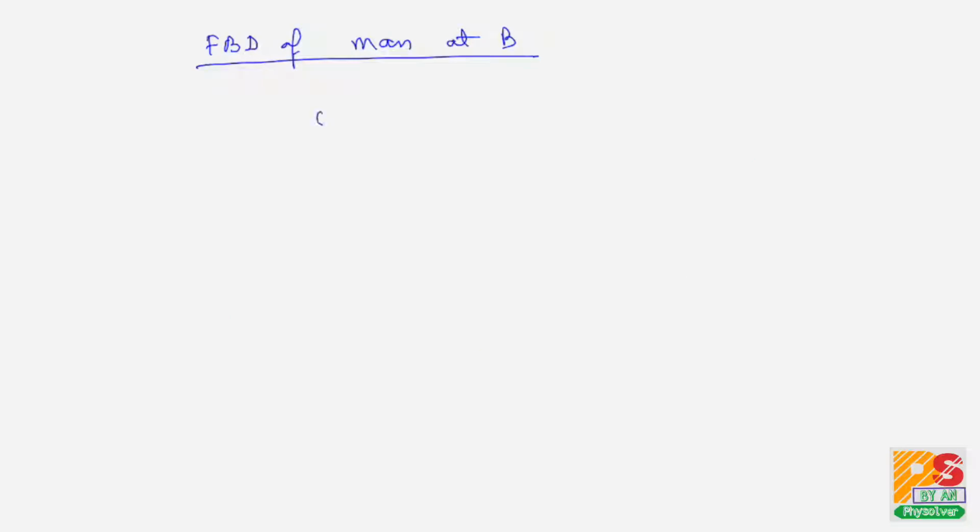So at point B we can say weight is downward as well as tension at B point, and acceleration is in this direction, which is VB square divided by r.